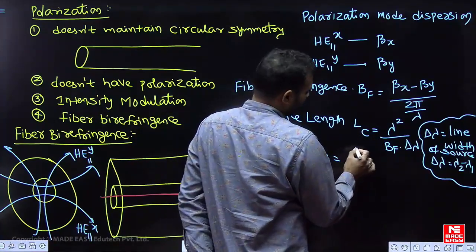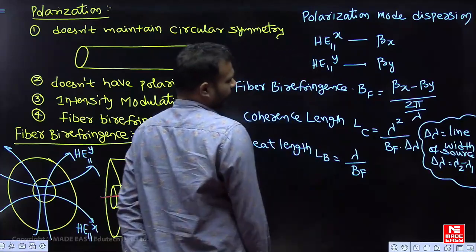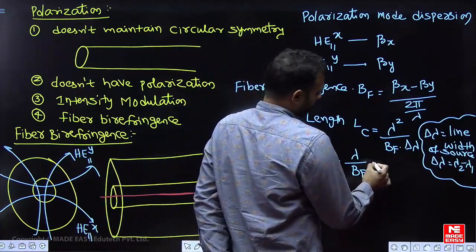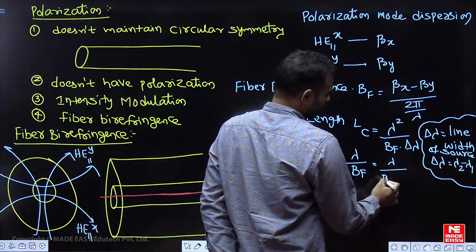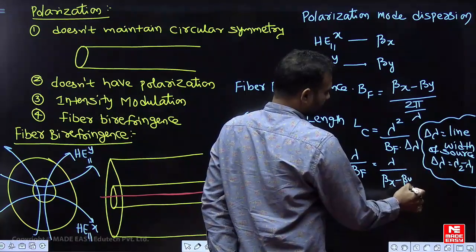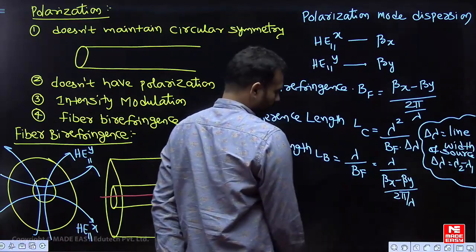Beat length is given by the formula lambda divided by BF, where BF is the fiber birefringence. So lambda divided by BF is equal to beta x minus beta y divided by 2 pi by lambda.